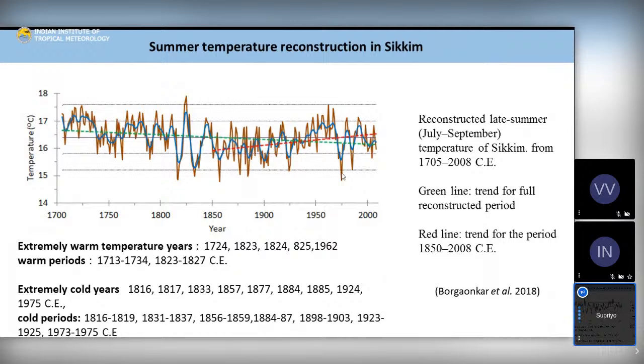But if we consider the last 150 years, temperature shows an increasing trend, which is shown here as a red line. The extreme temperature events have been identified, which is mentioned here, and the colder cooling events are also identified, which is mentioned here.